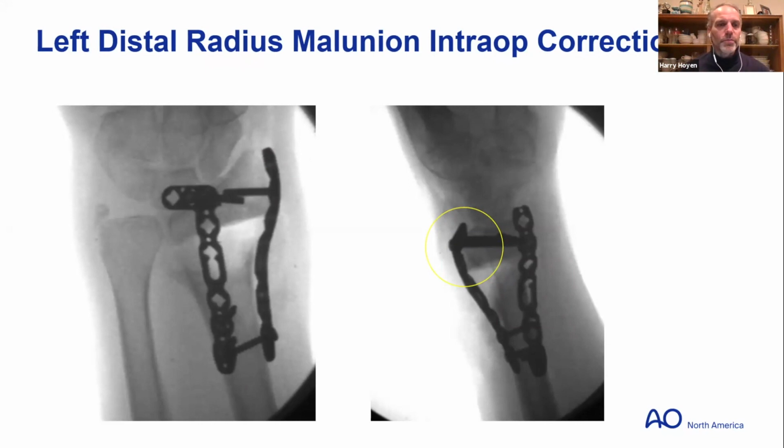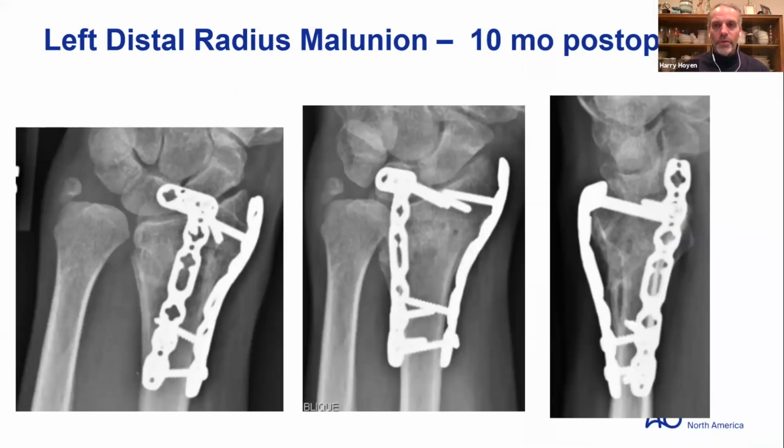I think Dr. Jupiter had that on one of his slides, and you can see here, by translating that distal segment, the DRUJ is well aligned. Then it proceeded with bone graft, and here's her final follow-up. Reasonable height, maybe a touch ulnar negative, but certainly very little DRUJ pain and good incorporation.